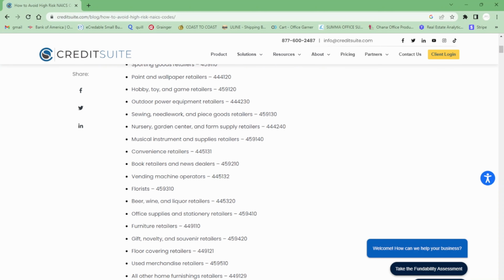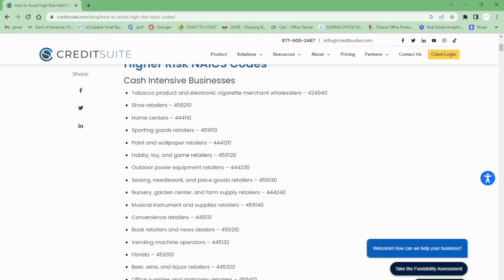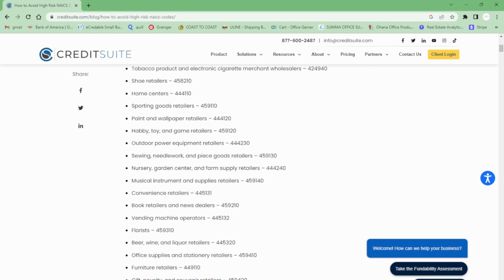Real estate, anything high risk. Like they said, anything with cash, cannabis. If you plan on opening up your own cannabis dispensary or online storefront, it's high risk. And when you are in a high risk business, there are certain banks that you are not going to be able to have a relationship with.